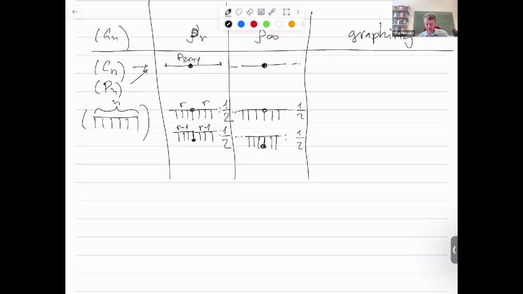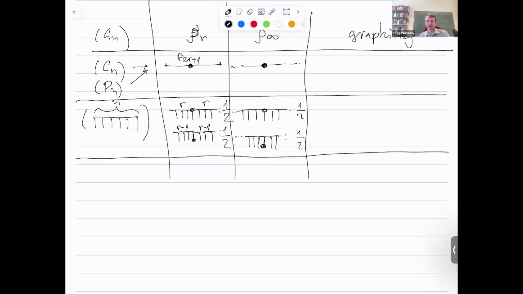So both of these sequences converge, and in this second row of the table, this countable limit, as a distribution on countable graphs, is supported on two elements.